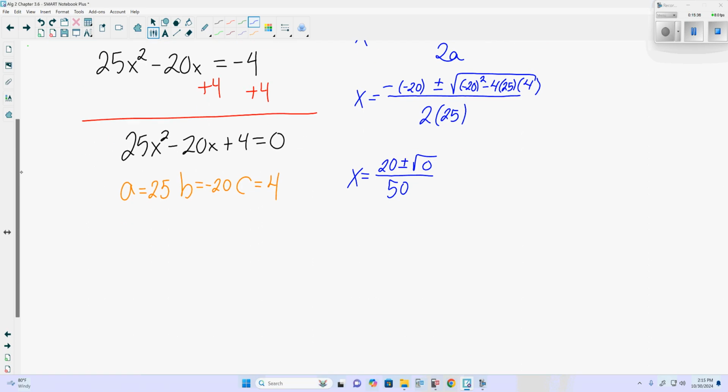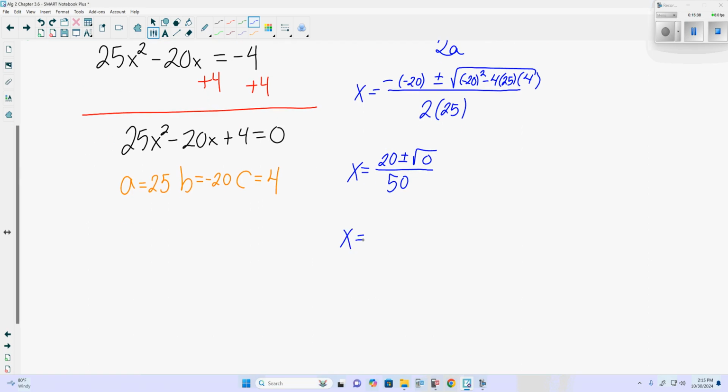Scroll down just a little bit. So we're saying that x is equal to 20 plus or minus 0 over 50. Well, we can add and subtract this, because we can say that we have 20 plus 0 over 50.